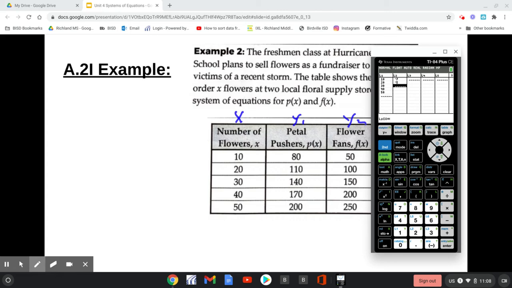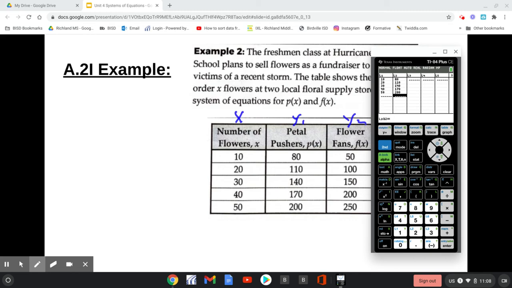I'm going to tab over and I'm going to hit 80, 110, 140, 170, and 200.